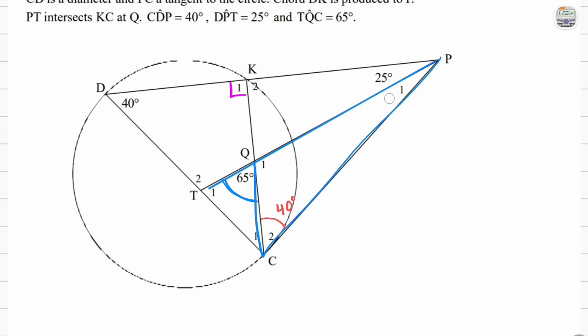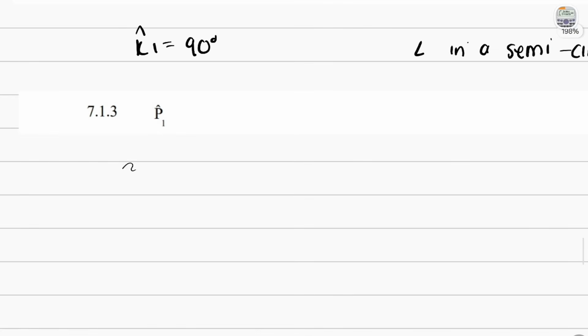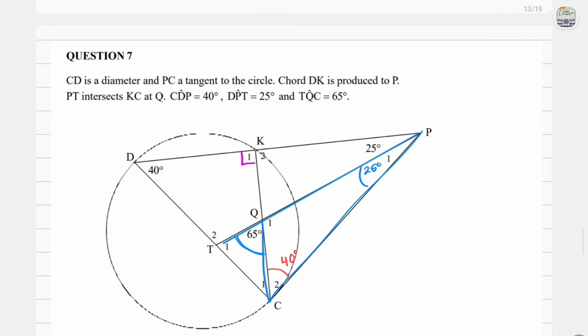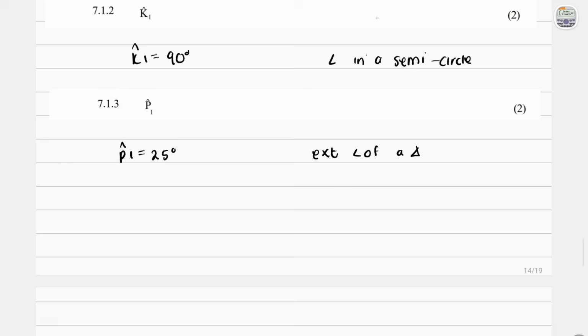So 40 degrees plus what gives you 65 degrees? That is plus 25 degrees. So we can tell them that angle P1 is 25 degrees, and the reason is because we have the exterior angle of a triangle. And that is our answer. Moving on to the next question.